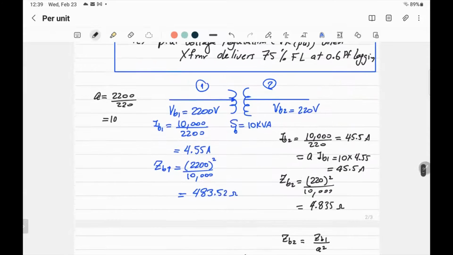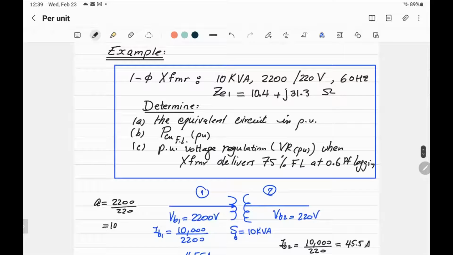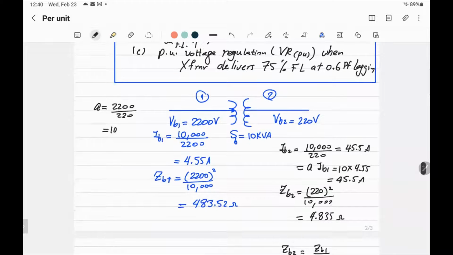And I need to find X equivalent per unit. Observe, I don't use RE1 or RE2, or just RE. Well, what I have is the equivalent impedance on side 1. So to find the per unit, I'm supposed to use the base of side 1, right? So which ZB am I going to use? ZB1, right?